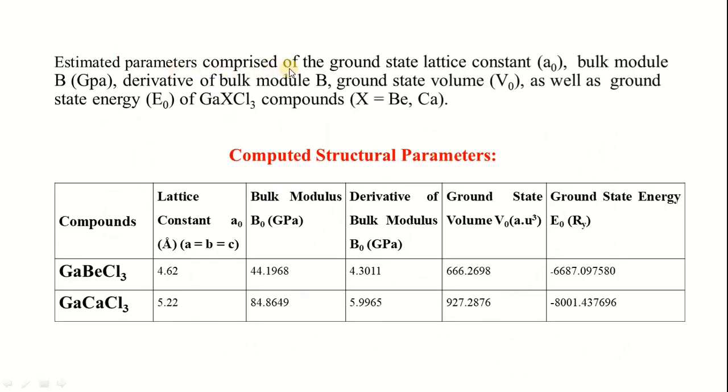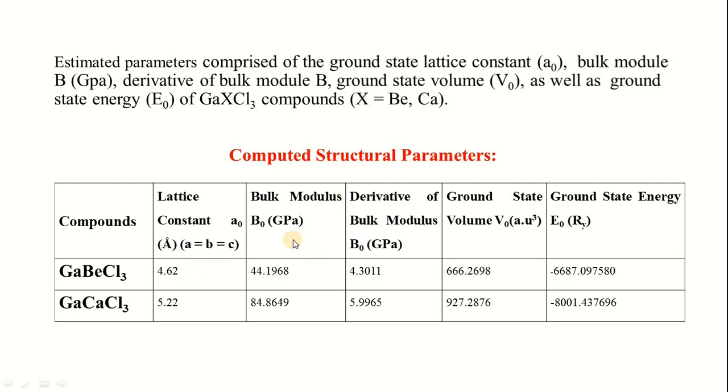The estimated parameters comprise the ground state lattice constant, bulk modulus, pressure derivative of the bulk modulus, ground state volume, as well as ground state energy of these two compounds, as shown in the table, in which the lattice constant of gallium beryllium trichloride is 4.62 and gallium calcium trichloride is 5.22, which is greater than gallium beryllium trichloride.